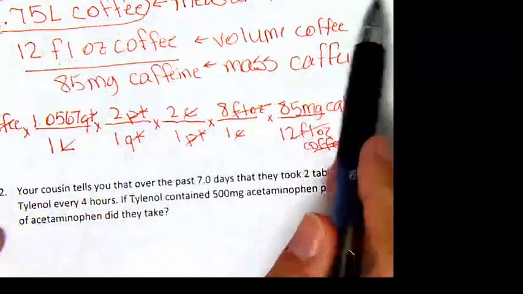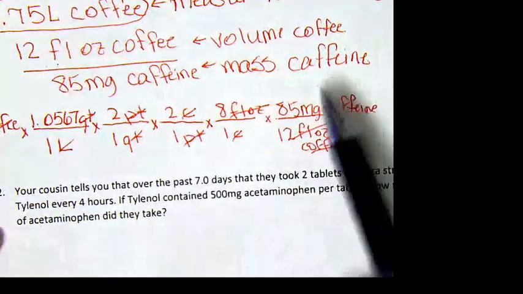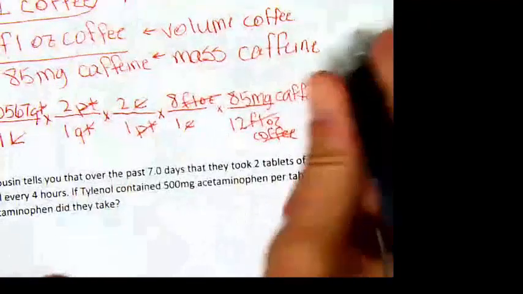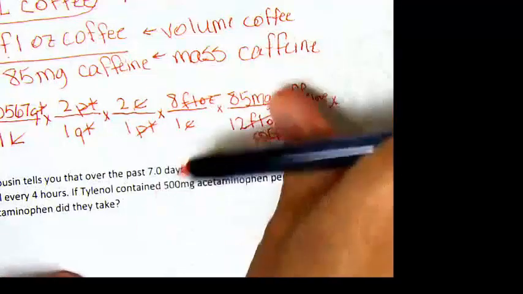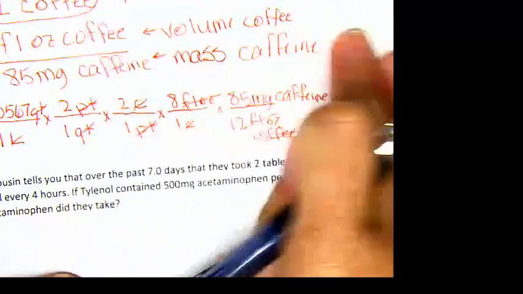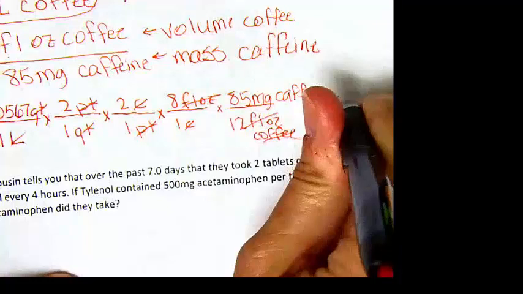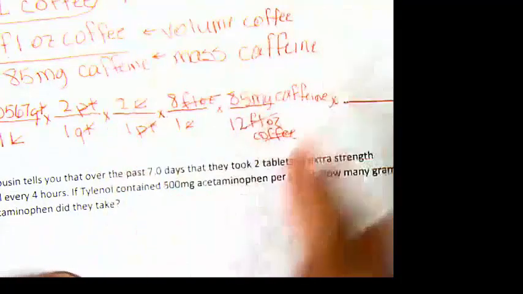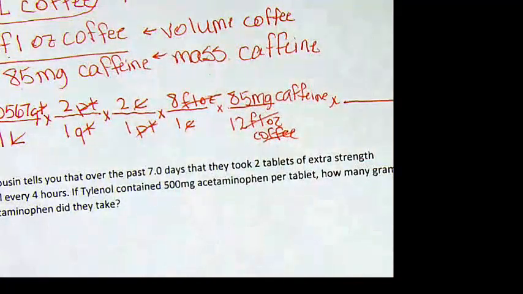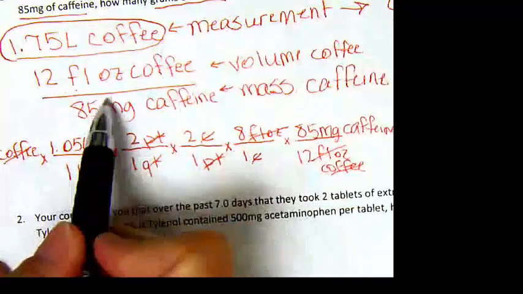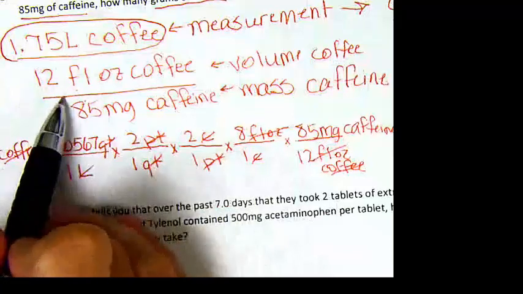So the answer needs to be grams, though. This is milligrams. And on the equality sheet is the metric conversion between milligrams and grams. So you don't just make up a bunch of new conversion factors. You try to incorporate ones that you are given.